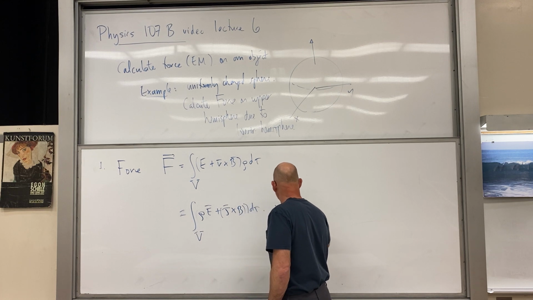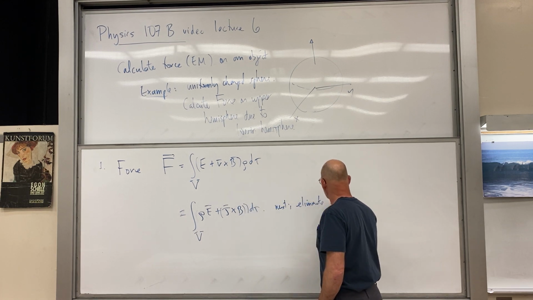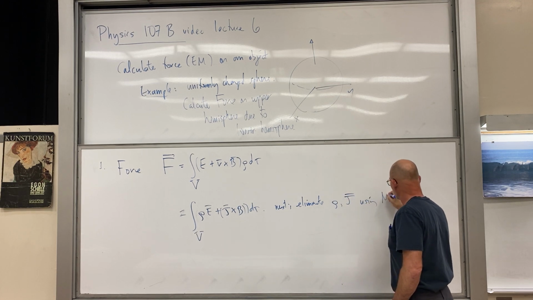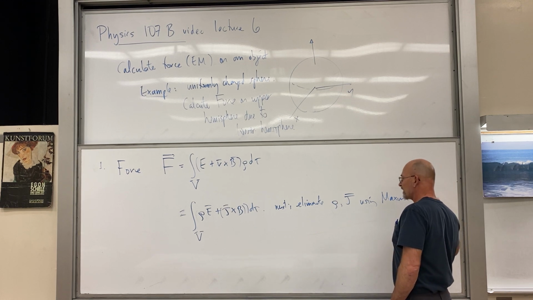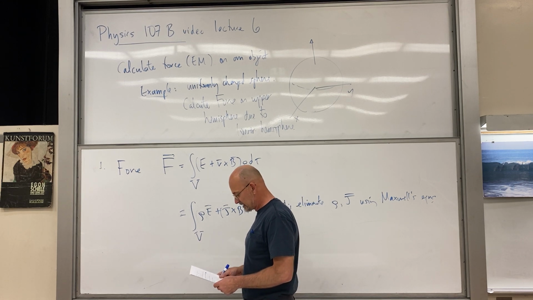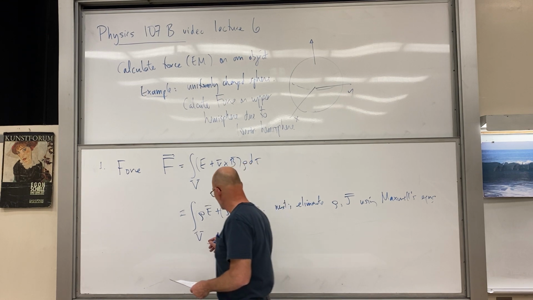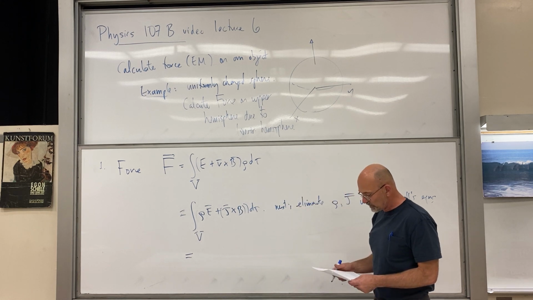So next, eliminate rho and J using Maxwell's equations. And that is going to take us to, what I'll do is I'll write in the result and then I'll put down what was used.